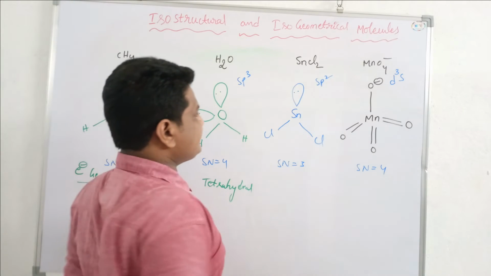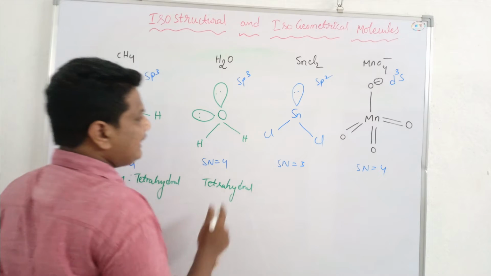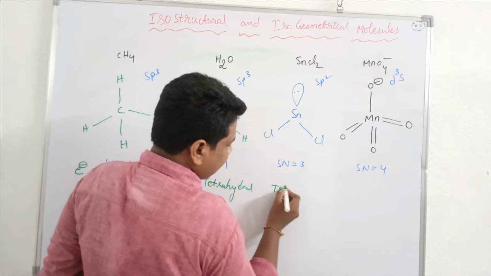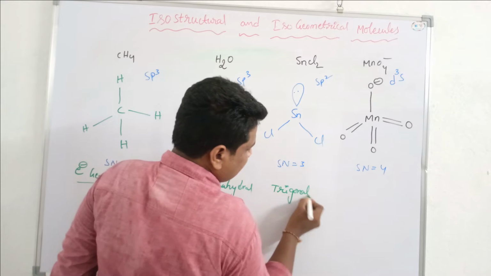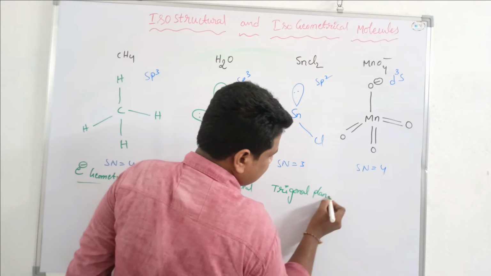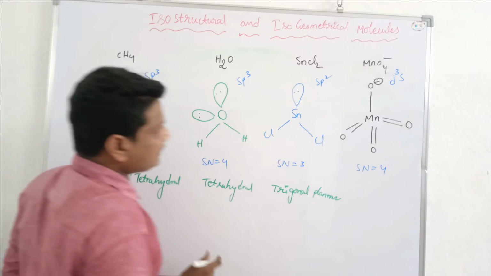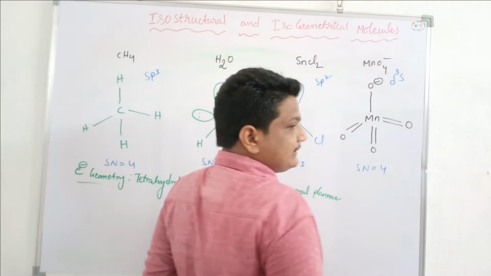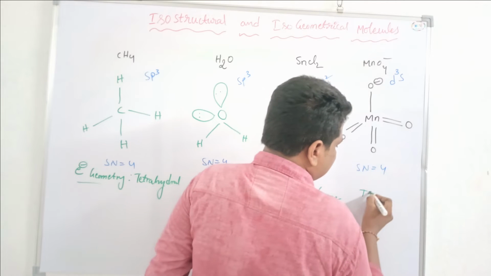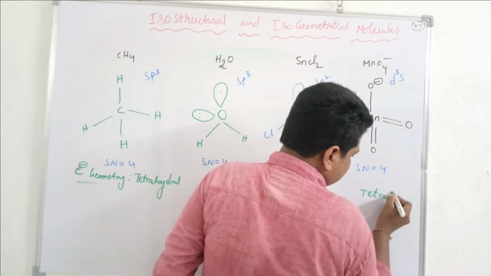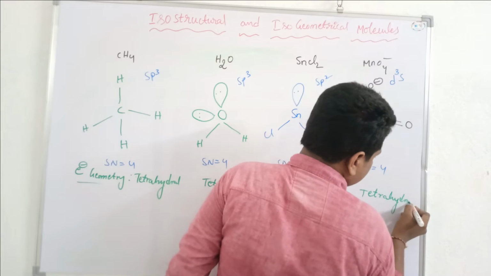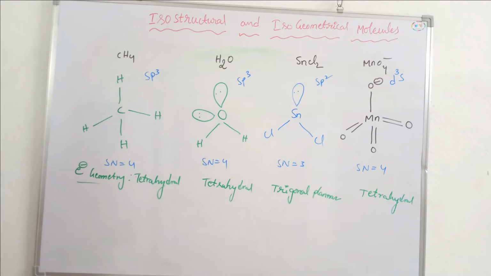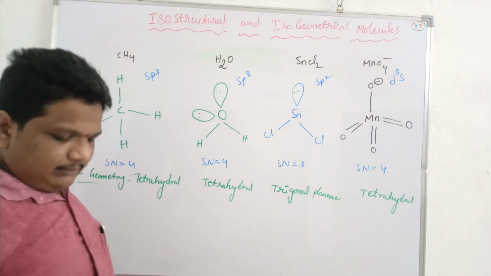SnCl2 has trigonal planar geometry because we have sp2 hybridization. And sd3, MnO4 minus, is also tetrahedral electronic geometry.